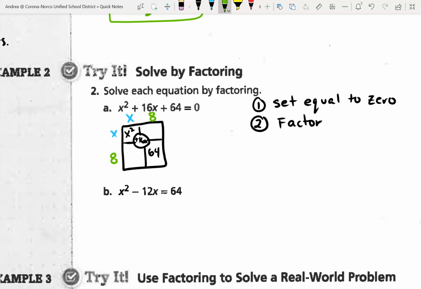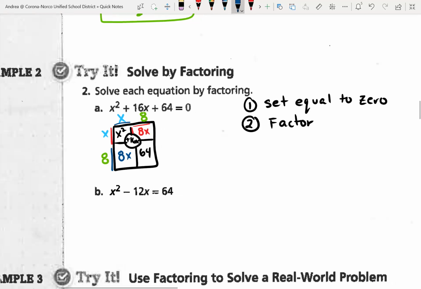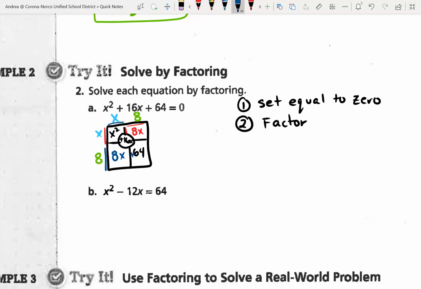And then we check our answer. So 8 times x is 8x. And then x times 8 is 8x. Now if you remember, this is positive. That means these are the same sign.